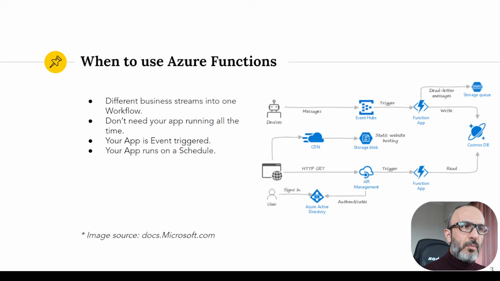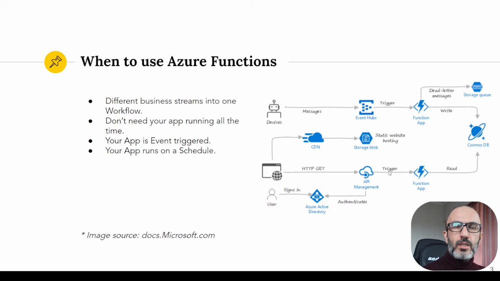The other good example is that if you have a web app and some user is trying to access that web app, if the content is available in a CDN, they would be served from that CDN. But if the content is not, they would be forwarded to the API management, and with that, we will use authentication to make sure that the user is entitled to access those resources.